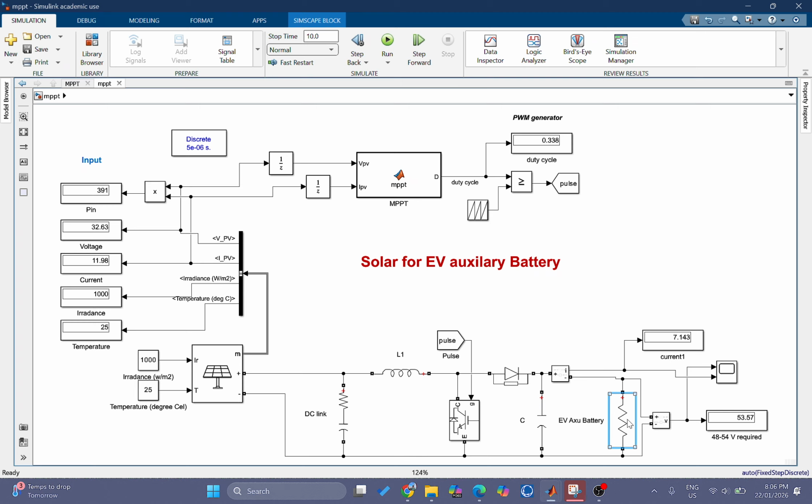So the electric vehicle's auxiliary system is represented by this battery, and this battery is used to power the cooling pump, your dashboard electronics, and a lot of other accessories, lighting systems, and you do not have to rely on the main battery system of the electric vehicle.